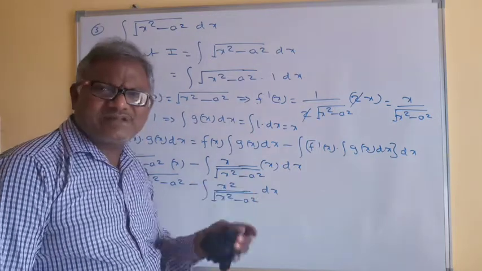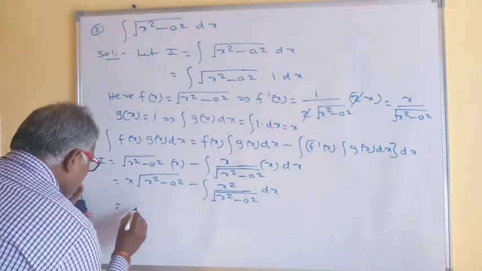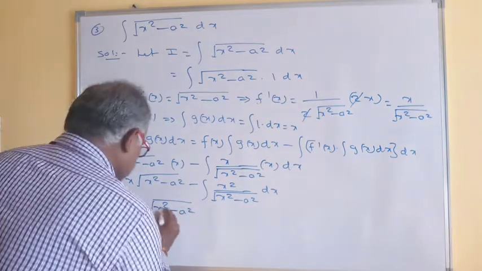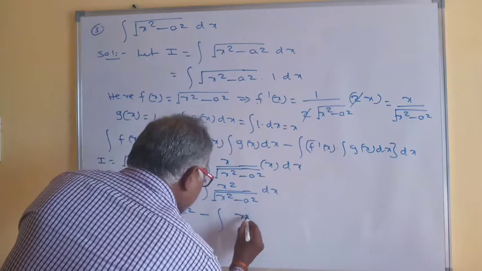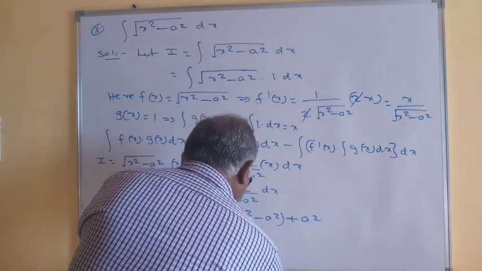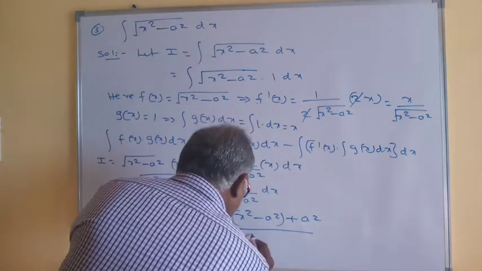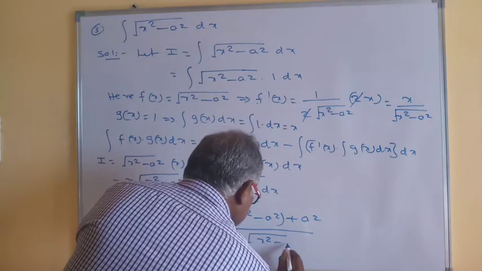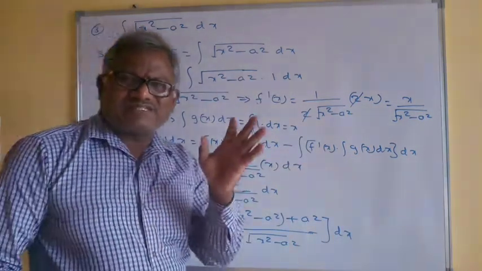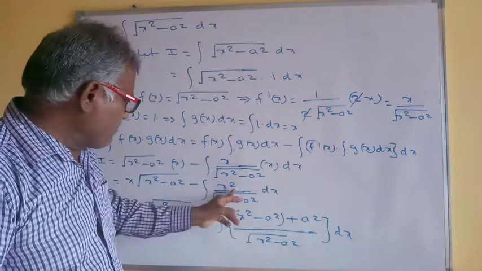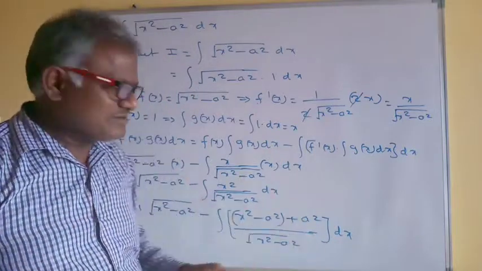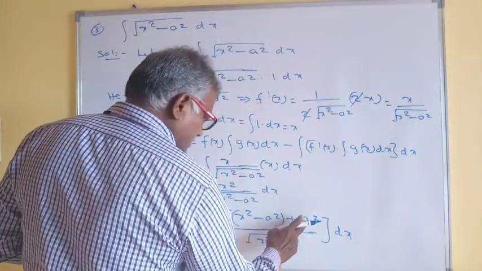So x into root of x square minus a square, minus integral of x square minus a square plus a square by root of x square minus a square dx. Same as the first one and second one, this is also the third one, same method. With the help of the denominator, we have to subtract and add, with a square only.